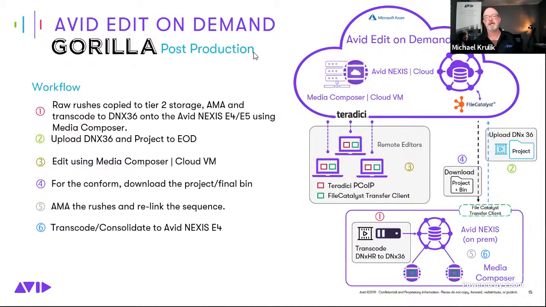The answer is yes. Depending on the environment that you set up, if you say you want 5 Media Composers with 25 terabytes of storage, when you set up your subscription, anybody who's logged into any of those individual 5 Media Composers is working just as if you were at the facility. So you have the bin locking and project sharing.